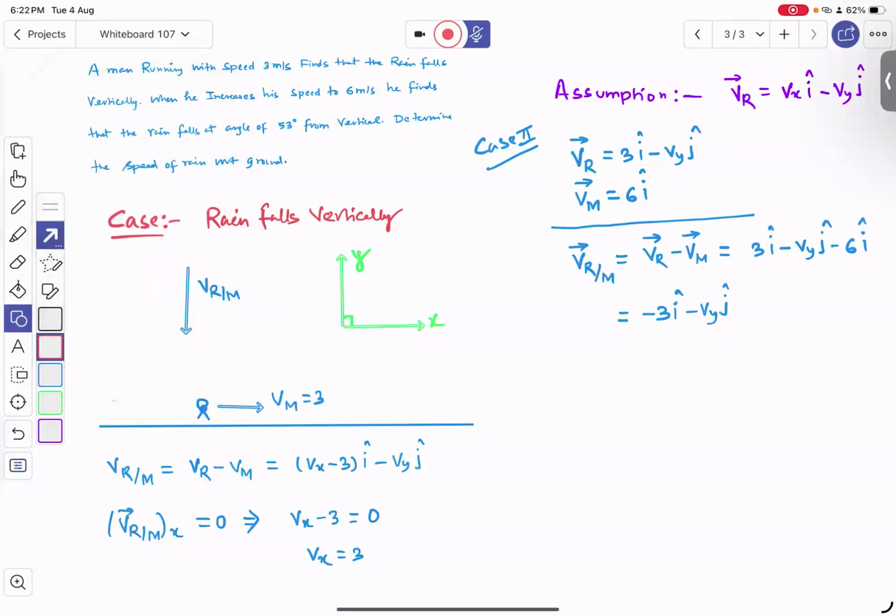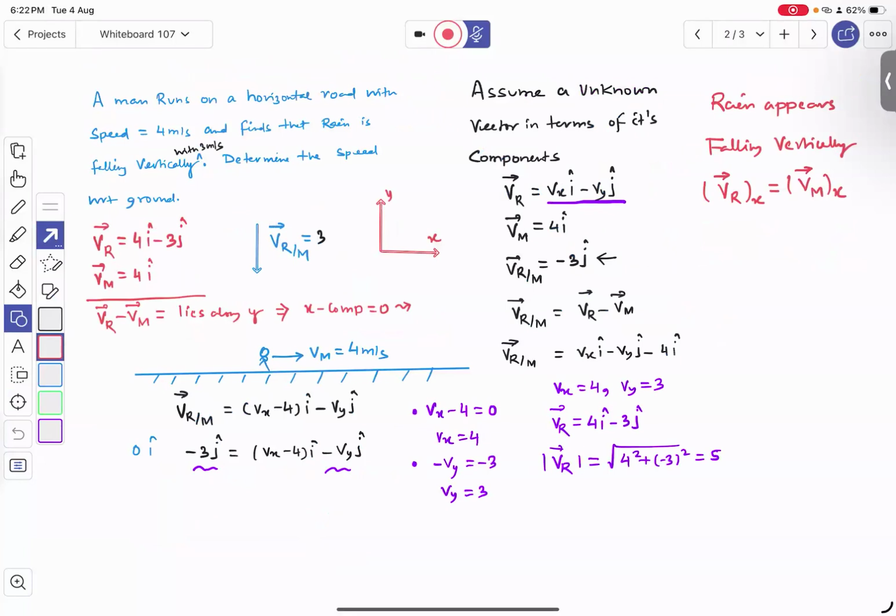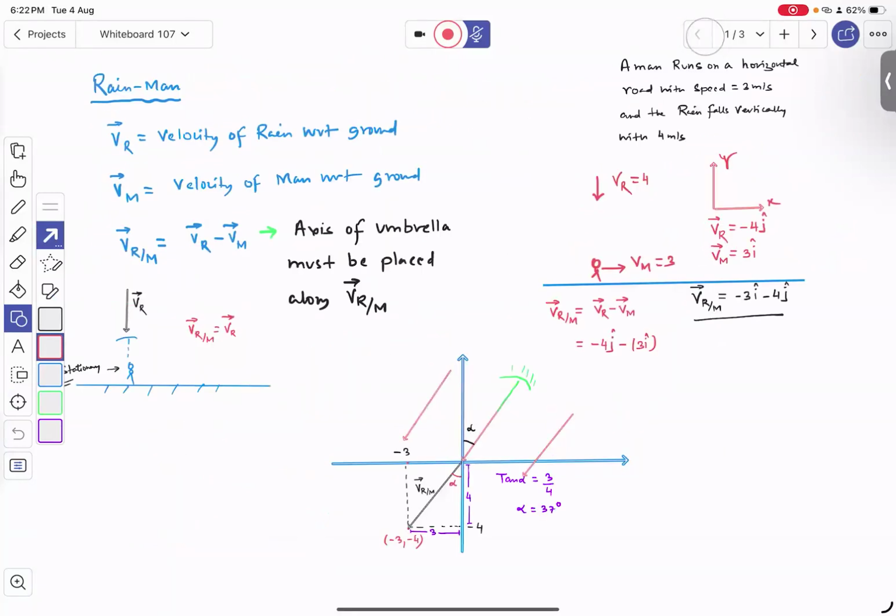Same like the earlier case, no? What is the VRM? We got it as minus 3 i cap minus 4 j cap, no? So x component negative, y component negative, how we have drawn it. Same way I'm going to draw it.